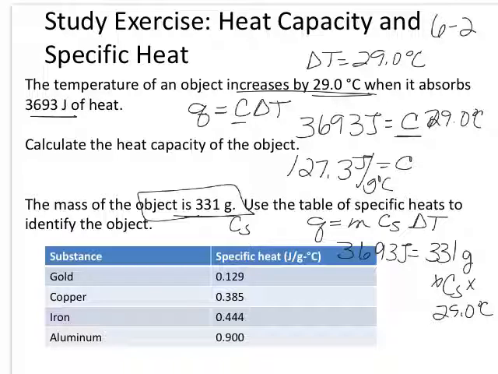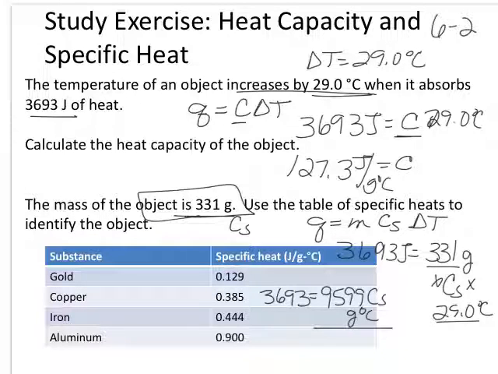And that's going to work out to be 3693 equals 9599 Cs, and don't forget your units, which is grams times degrees Celsius.